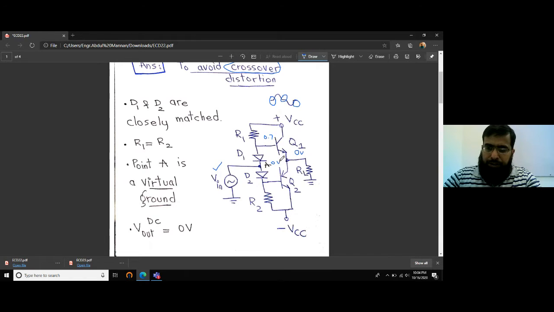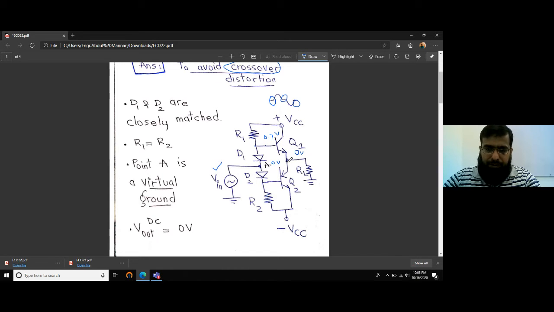So we get a DC 0.7 volts here at the anode of this diode and at the base terminal, and a 0 volt here. That's straightforward. Why? Because this 0.7 volt is already available. Even if we haven't connected this AC signal, the base terminal is at 0.7 volts higher than ground, and this terminal is at ground.